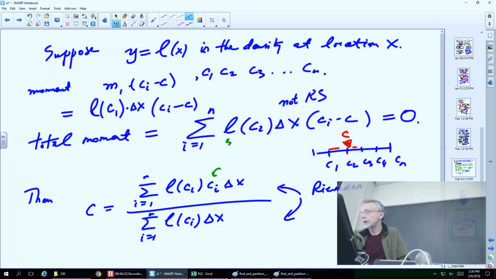One is a Riemann sum of L, and the other one is of L of x times x. The Riemann sum of L is the density sampled at those particular locations. For the numerator, we sample the density to begin with, but we also take the lever. So that's why the function is different.